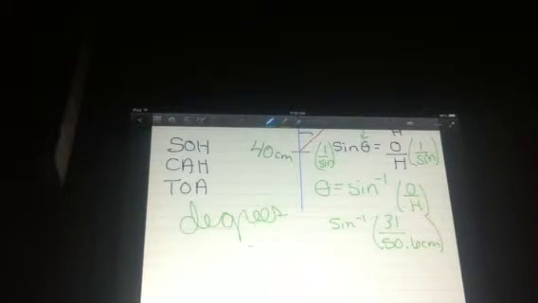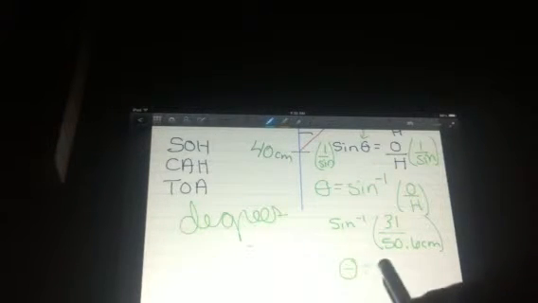Then do second sine 31 divided by 50.6, and you should get a reasonable answer. So I'm getting 37.78. If you're getting a decimal, you're in the wrong mode. If it came up 0.38 or something like that, I'm in the wrong mode.